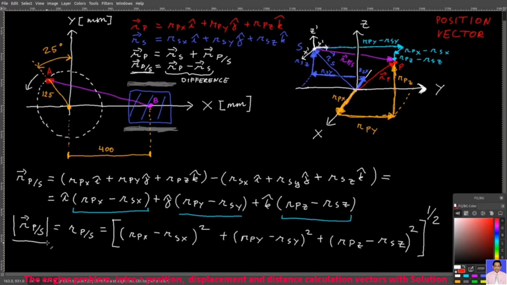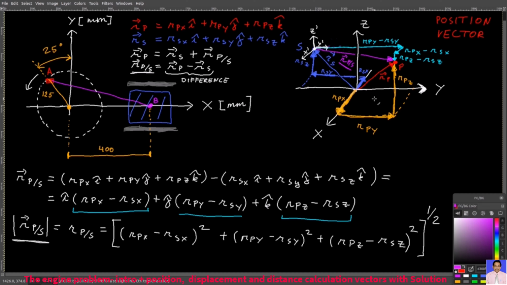This magnitude will give you the length of this displacement vector arrow. In other words, it will give you this straight line distance from point S to point P.